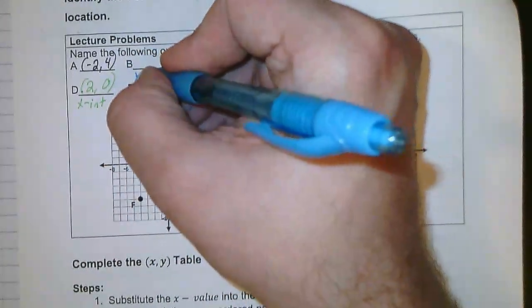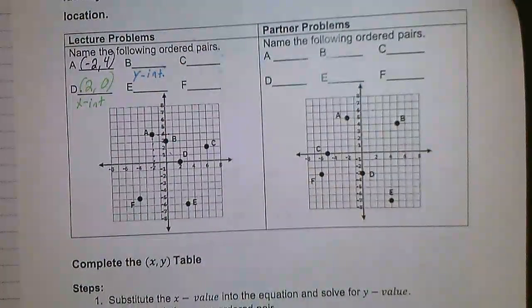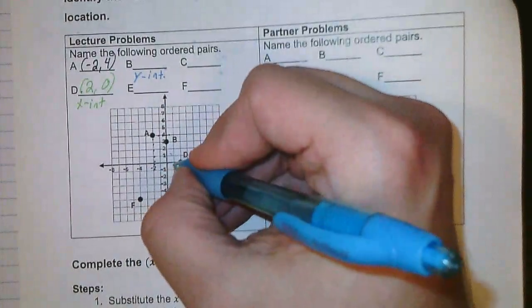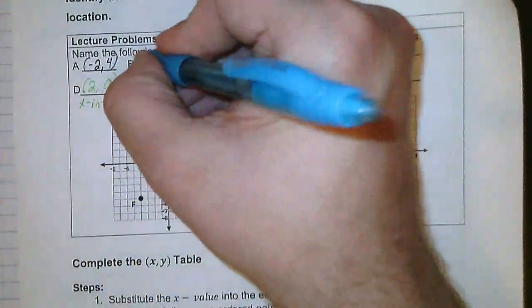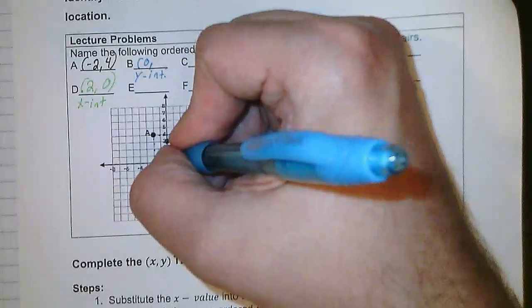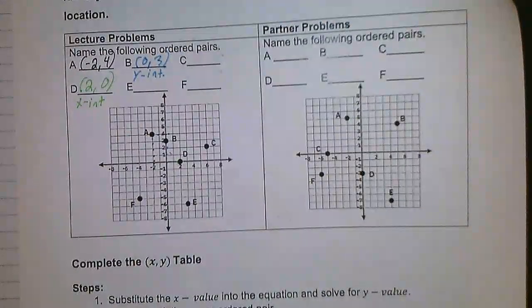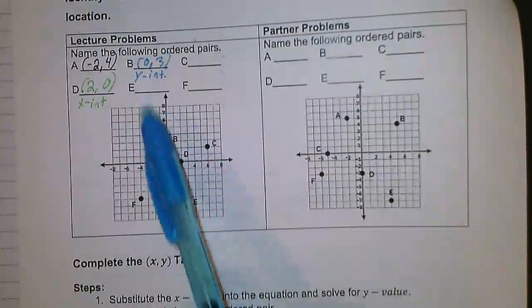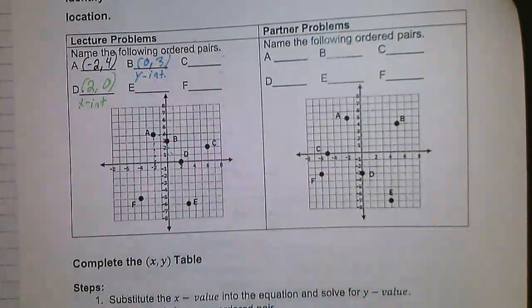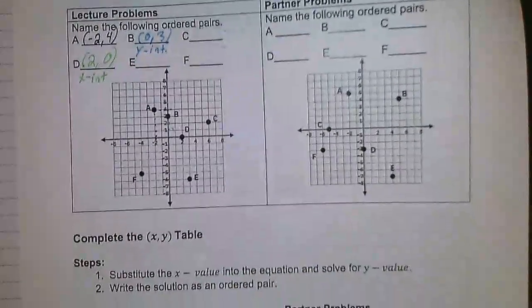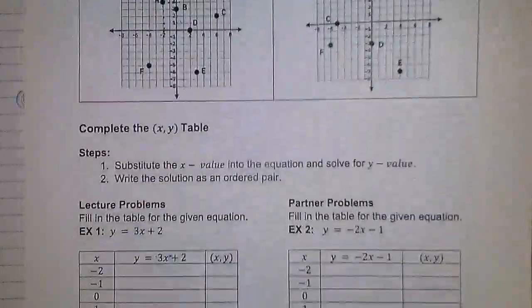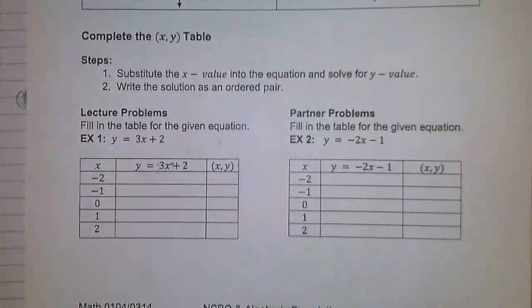And if we are sitting on the y-axis, then that is the y-intercept. So I don't move left or right, so that means my x value is 0, and then I have a y value of 3. So if we're on the y-axis, then that is our y-intercept, and x must be 0, and then we have a y value. So we'll come back to intercepts after we talk about tables.